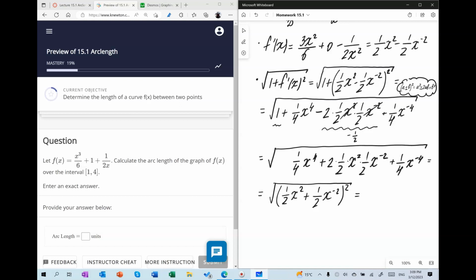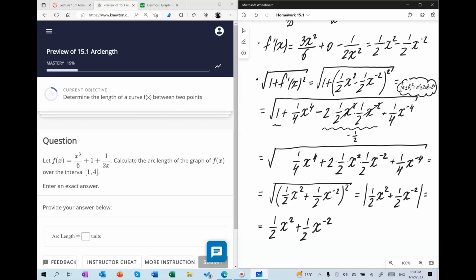Now, as you know, the square root and the square not necessarily cancel one another, but create the absolute value. However, since all the x's are positive, there is no real need for this absolute value. So this is what we get as our integrand.